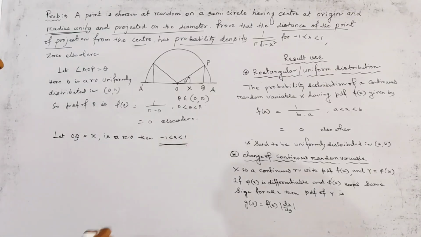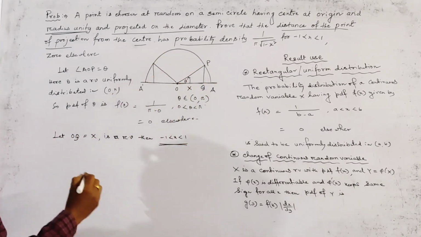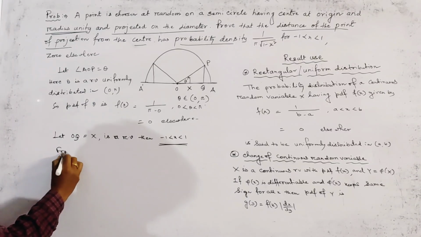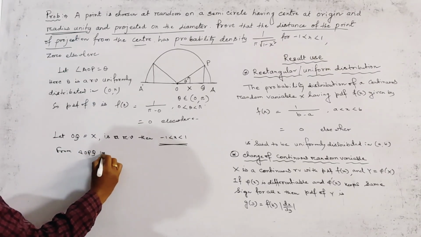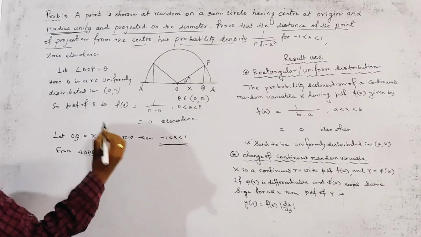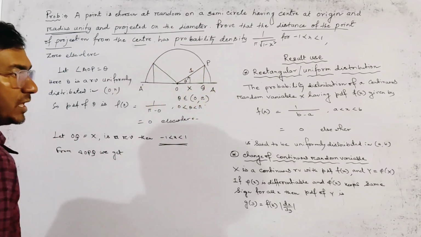Now from triangle OPQ, we get this side is x, this is 1, and this angle is theta.